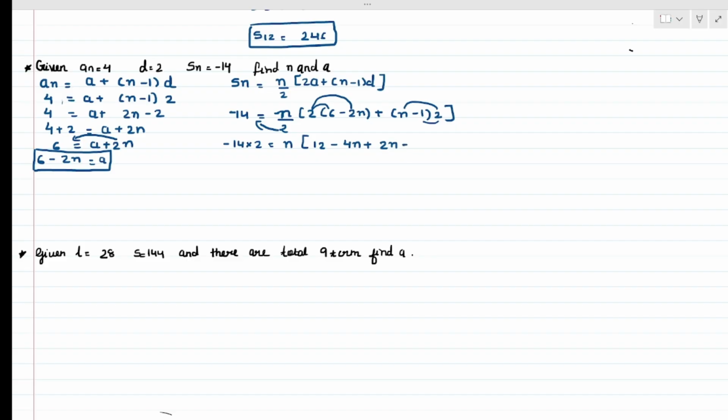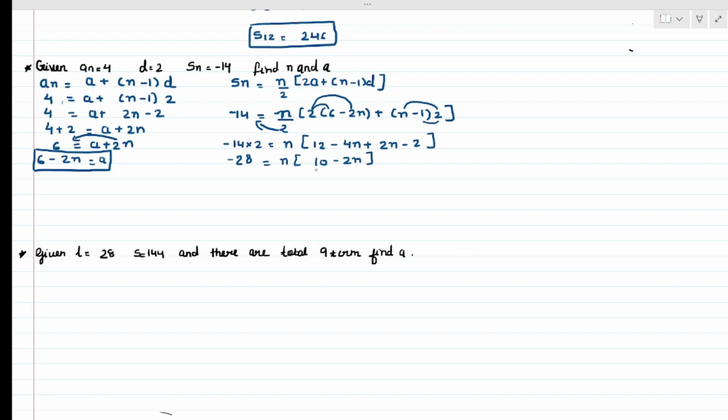So you will get 2n minus 2. Now solve this equation. Minus 28 equals n times (12 minus 2). That means it will become 10, and minus 4n plus 2n gives me minus 2n.